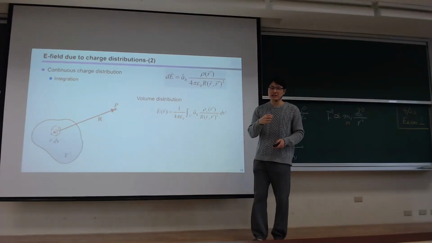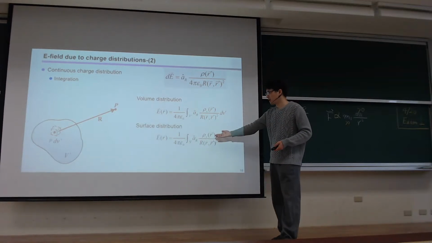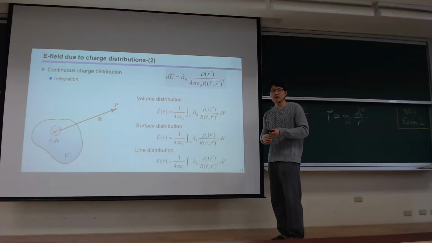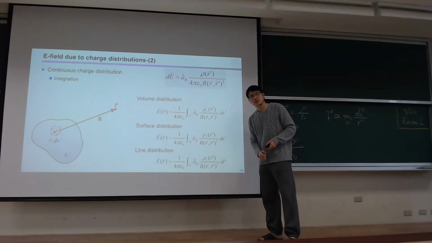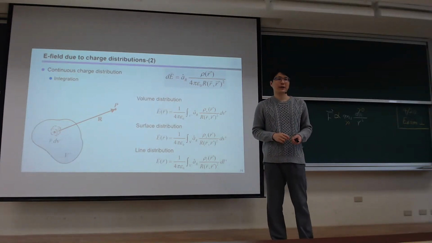If your charges are dispersed on a surface, you perform surface integration. And if you have a line-like distribution, you just integrate using line integration, right?